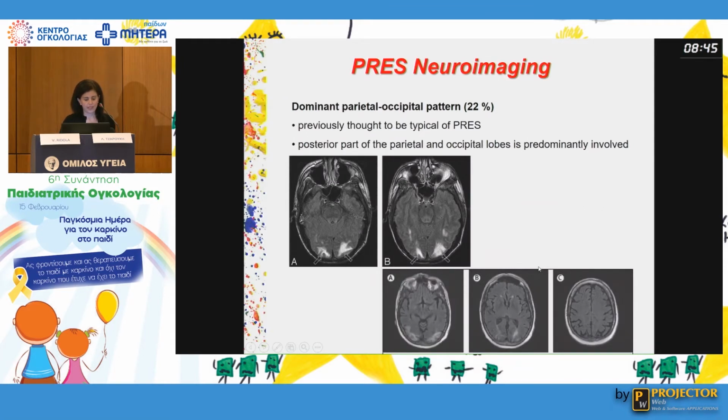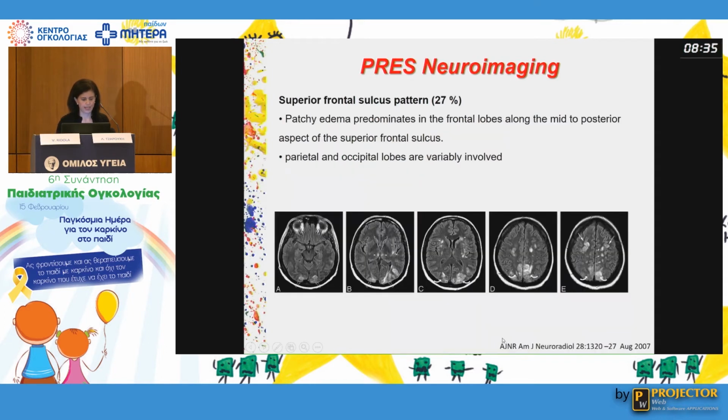Of course, the most typical form of PRES neuroimaging is the posterior parts of the brain, involvement of the occipital and parietal lobes. But PRES syndrome also involves other brain areas, such as the superior frontal sulcus, and especially the middle and posterior aspects of this sulcus.